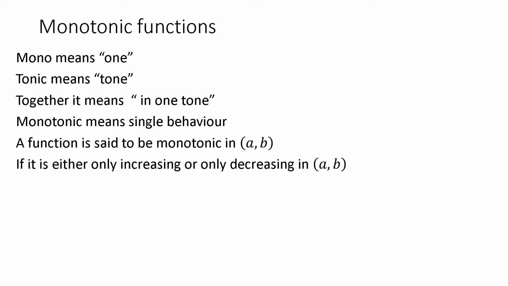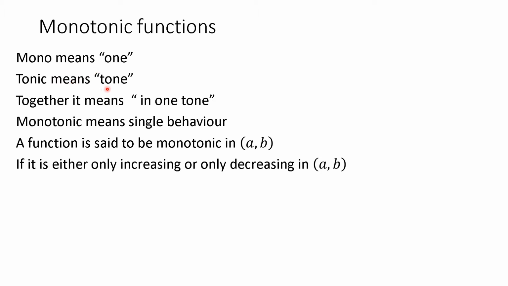Monotonic functions. Dear students, you are aware of these things, but still let us see in a proper way what the definition tells you. Monotonic basically has two terms in it. Mono means one.